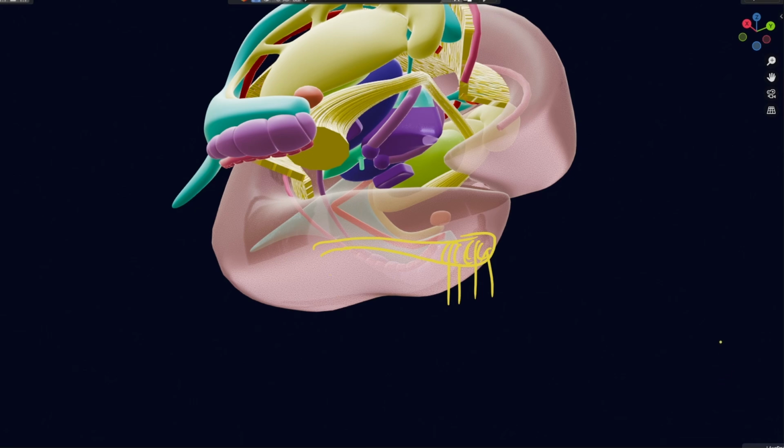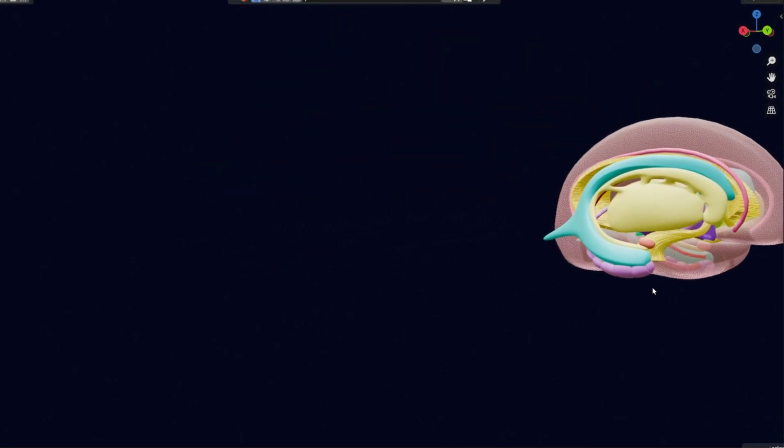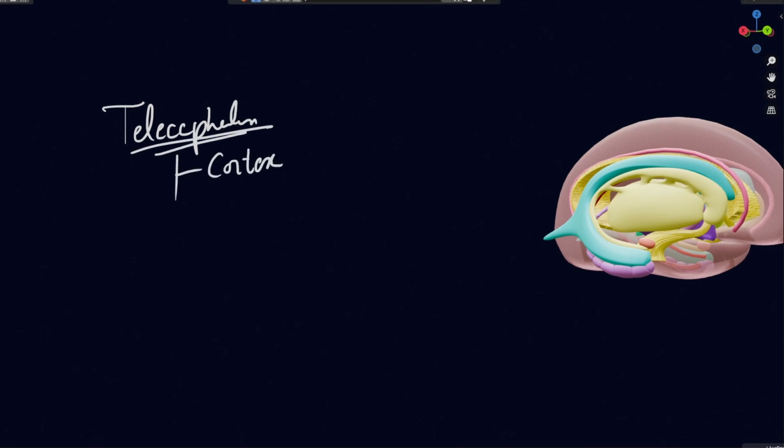So from the telencephalon, in the end, what we need to know is what structures develop. That is the most important part of this lecture, telencephalon. This is the crux of this lecture: cortex and subcortical structures.